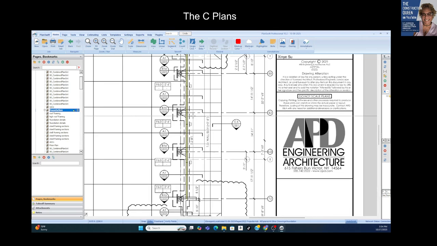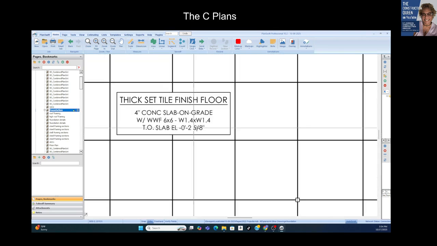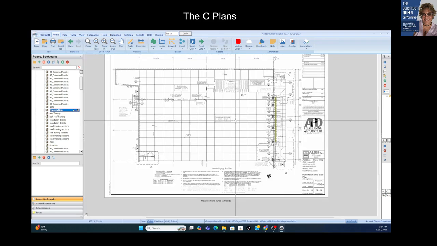Okay, so everything, I mean, you look at this, it tells you thick set tile, finished floor, but it's on top of a 4-inch concrete slab on grade. Okay, so we know the structural set is the set with the least amount of plans, the least amount of sheets, I should say.